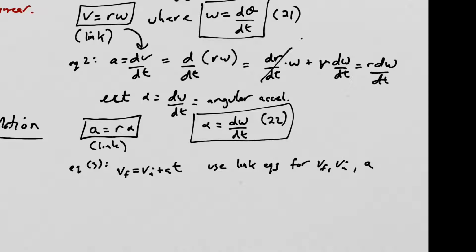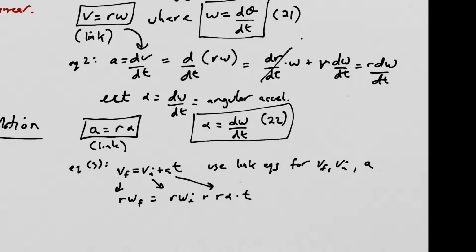Obviously, we don't need to plug anything in for time, because whether you're going around in a circle or in a straight line, time is always the same. What this then means is that v final becomes r omega final is equal to v initial, which becomes r omega initial, plus a, which is r alpha times t.